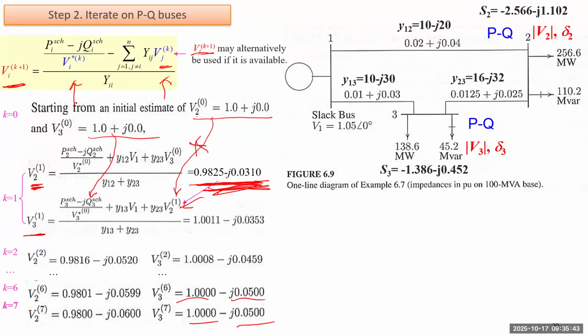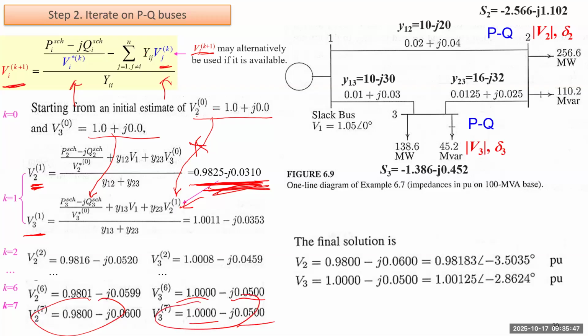So we will pick those values as the voltage phasors. You can convert the values into polar form to give you absolute value and angle. So you see those angles are slightly negative, right? Compared to the 0 angle of the slack bus. That makes sense because you want to deliver the power, the real power, from the slack bus to the two load buses.